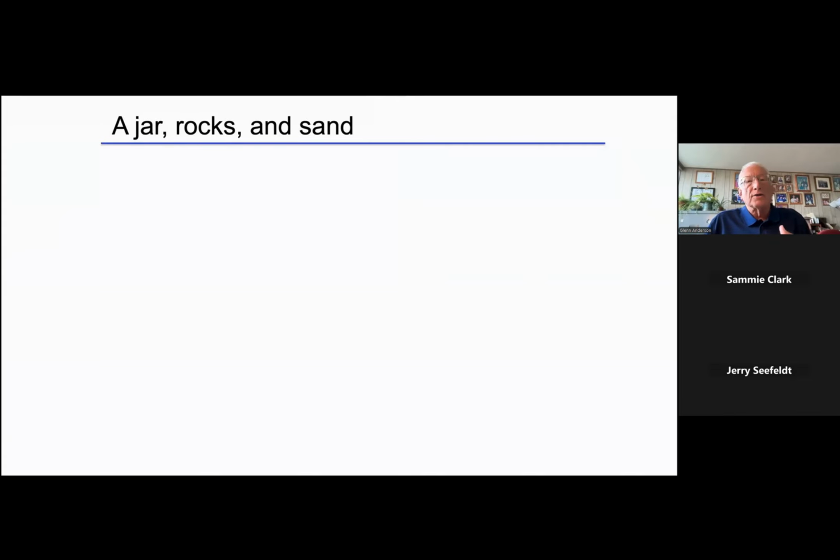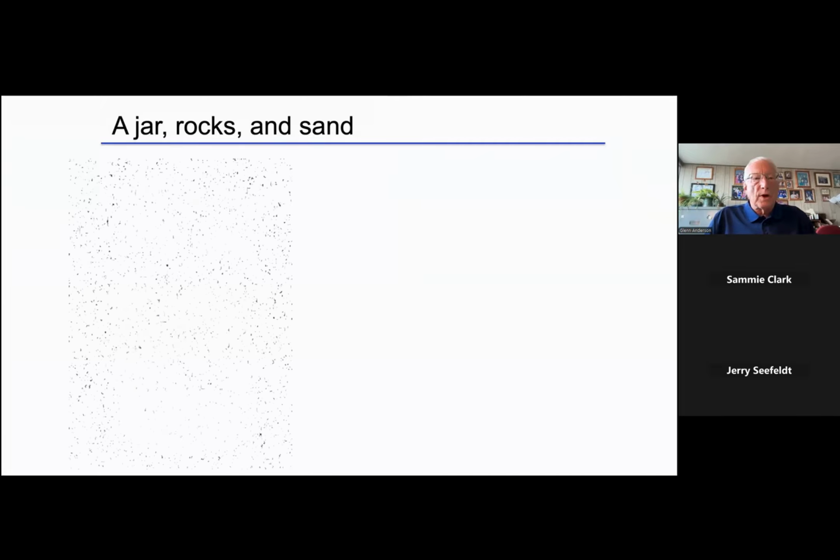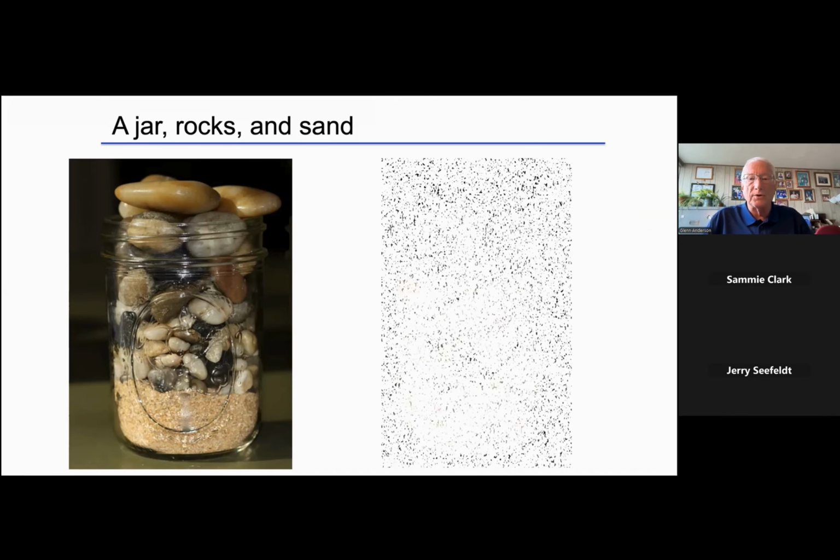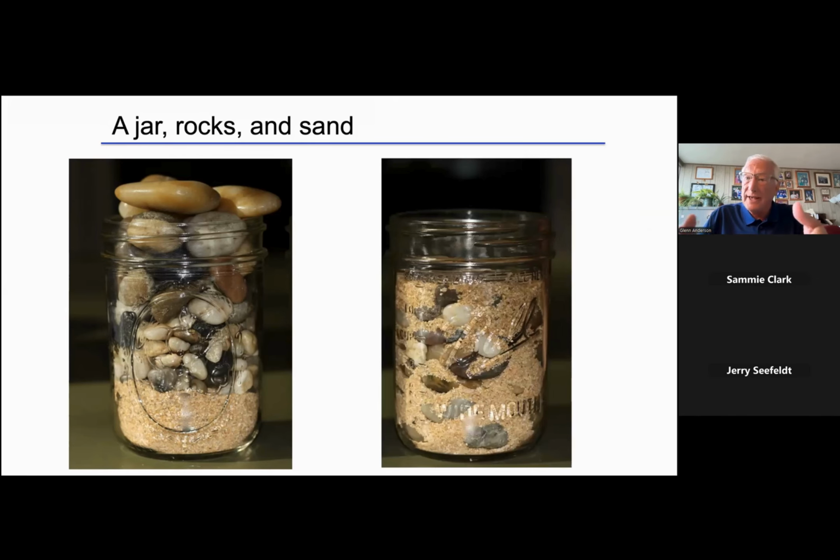The audience will often suggest, well, put the sand in and then put the pebbles in and then put the rocks on top. But when the speaker does that, the rocks don't really fit. They're piling out the top of the glass jar, as you can see in the picture. Then the speaker might suggest, how about if we put the big rocks in first, and then the pebbles, and then fill in with the sand all around the rocks and the pebbles, and then it all fits.